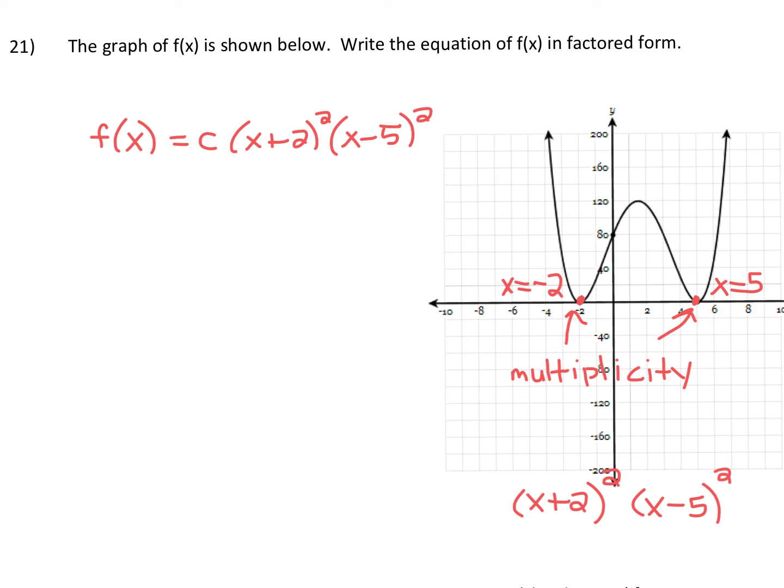Okay, now, if you look here, I always say the point on the y-axis is the easiest one to use, so I'm going to use this point right here, 0, 80. Okay, so we know that 0 represents the x, so wherever I see an x in this equation, I'm going to replace it with a 0.